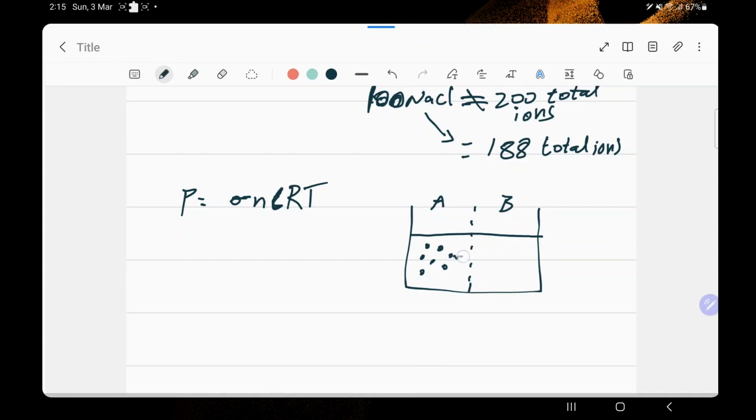Sometimes there will be that one salt that just makes it through to the other side, while the others, instead of going across, bounce back. They are reflected back to that compartment. So some of them will make it across the membrane, while some of them are just reflected back to the same side of the membrane.